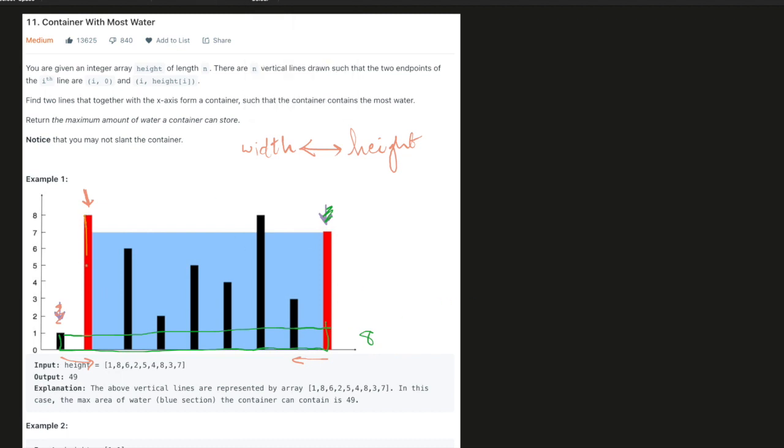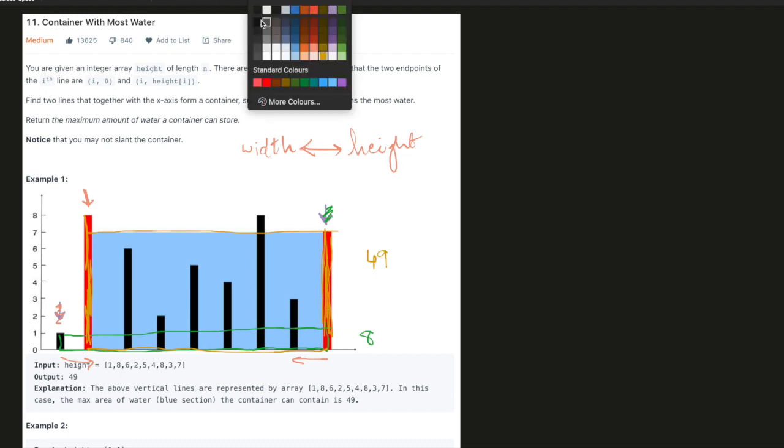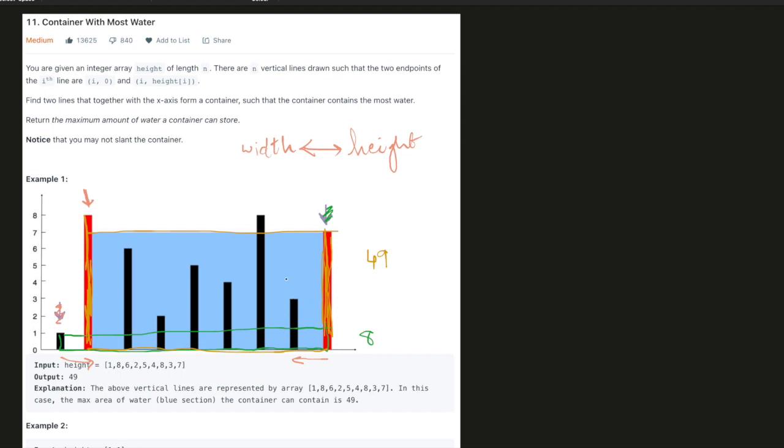Then we come here because we moved our pointer. And in this container, we have 49 units of water because it's 7 by 7. Next, we move the shorter bar. But let's assume that the penultimate bar, so this bar over here, was somewhere around there.